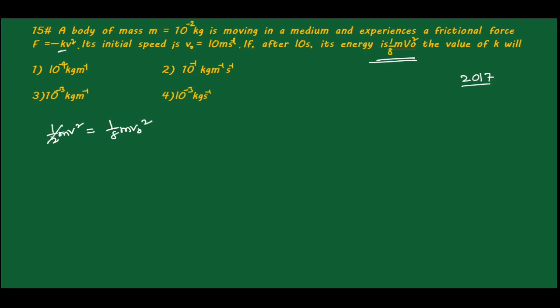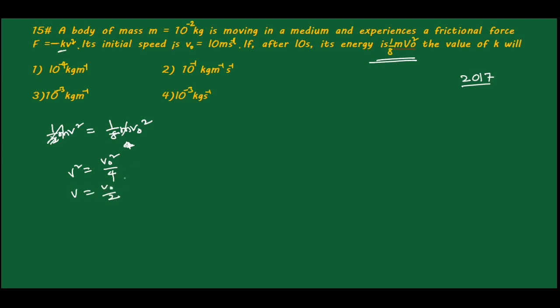Here the 2 and 4 cancel, and m gets cancelled, and v square is equal to v naught square by 4, and v is equal to v naught by 2.